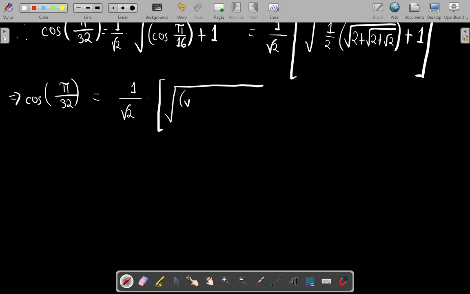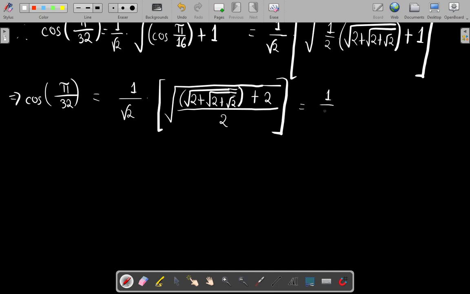The first term is the nested square root term, square root 2 plus square root 2 plus square root 2. And then this 2 is multiplied with 1 to get plus 2. And this entire thing is again divided by 2.